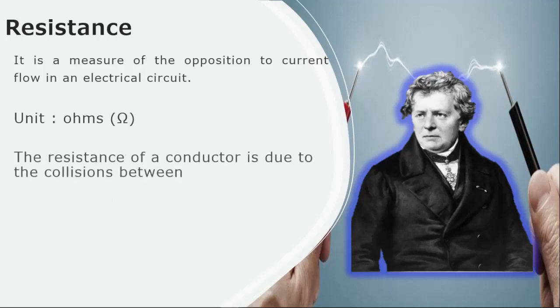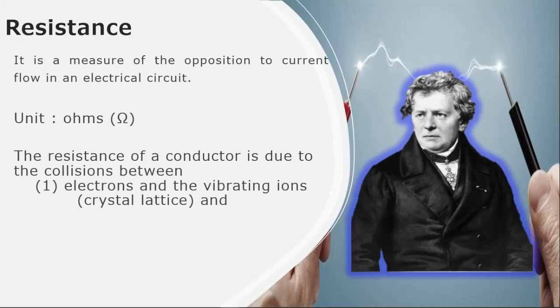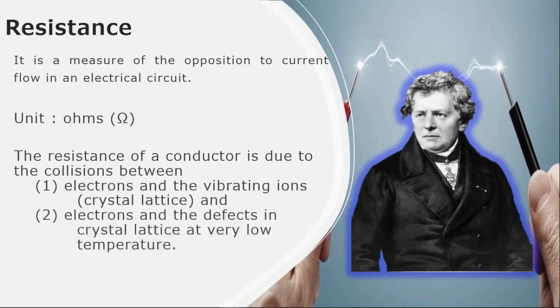The resistance of a conductor is due to collisions between the electrons and the vibrating ions called the crystal lattice, and the defects in the crystal lattice at very low temperature.